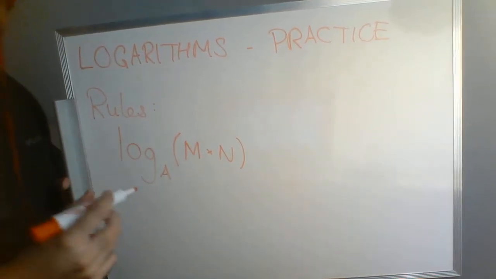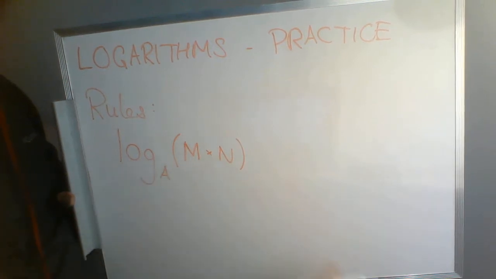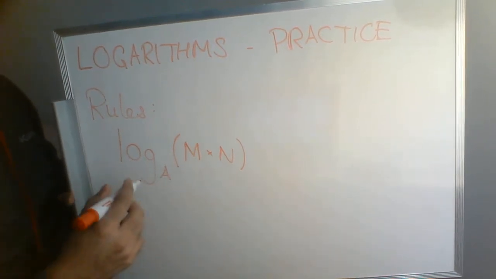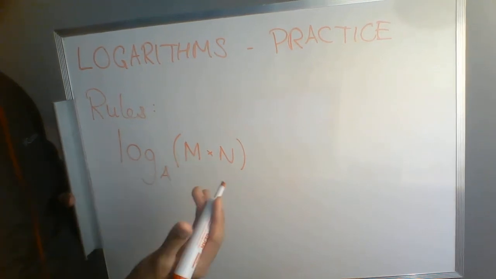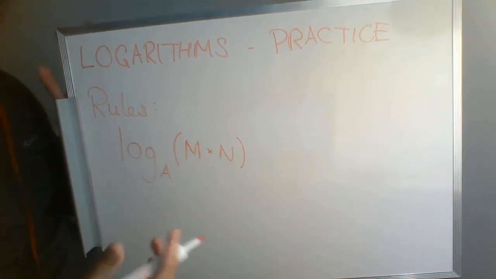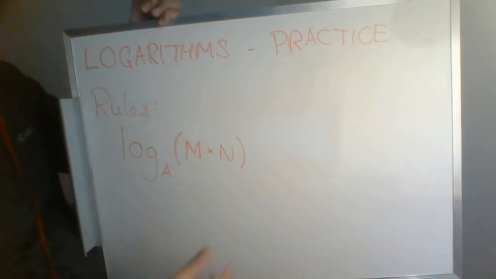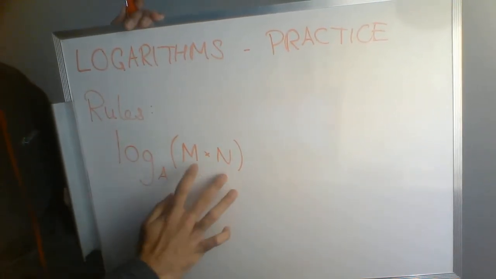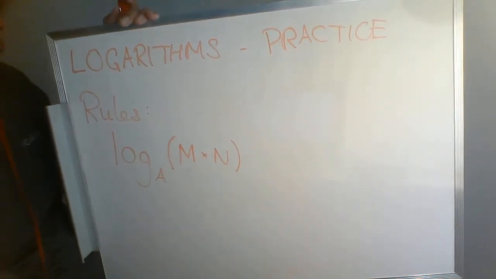So we've got log base a of m times n. So this could be any two things that are being multiplied together. Maybe you'd be working on a problem with a lot of variables, and your variables might be the two things that are multiplied together. You might call them x and y or something like that.